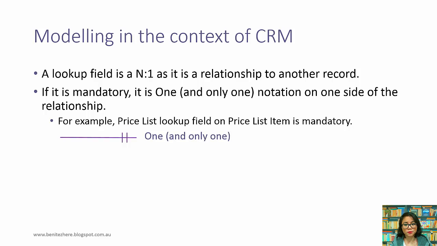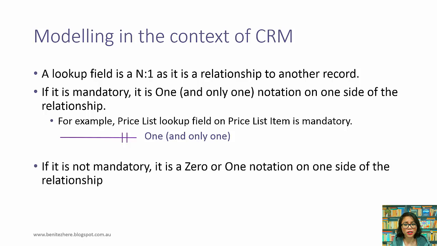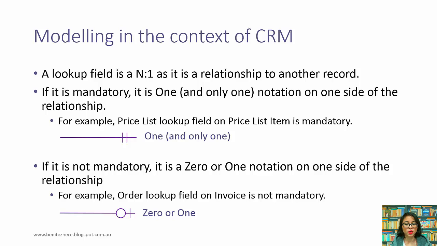So this is an example: the price list lookup field on the price list item is mandatory, so it is a one and only one notation. If it isn't mandatory, then it is a 0 or 1 notation on one side of the relationship. So it will look like this. An example is the order lookup field on the invoice. It is not mandatory, so this means that an invoice can exist without being associated to an order.